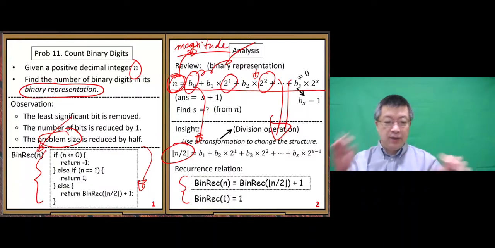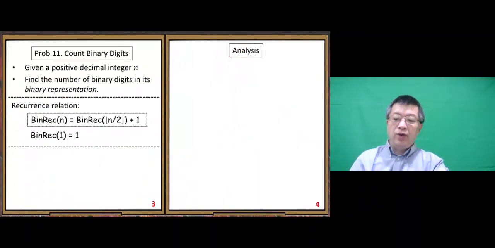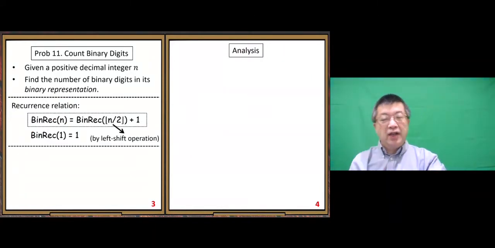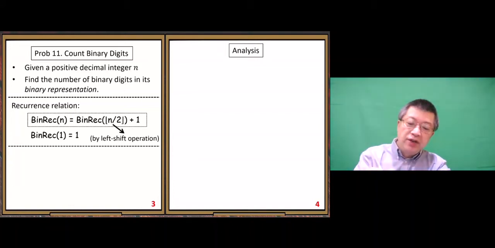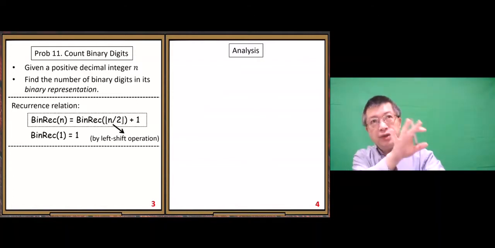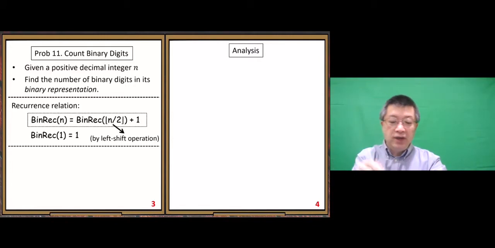Next, we want to solve this equation. First, let's try to understand this equation a little better. First, we can see division by 2. In the computer's internal CPU implementation, it is a left shift operation.